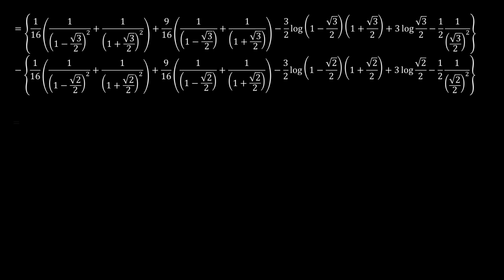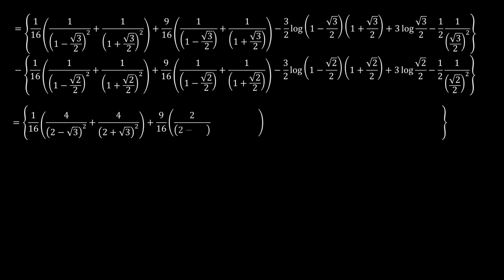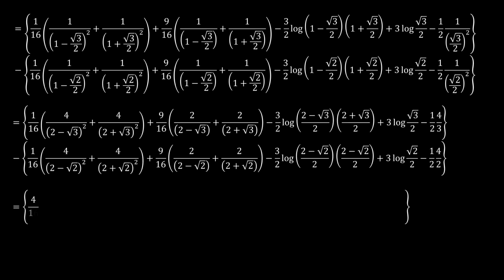Then we continue so that now we can pull these 2 out by multiplying 2 to both the numerator and denominator, and then since we have a squared, that 2 going up squared is 4. Now we have 2 minus root 3 squared plus 4, 2 plus root 3 squared, and all that continues even with the lower limit.